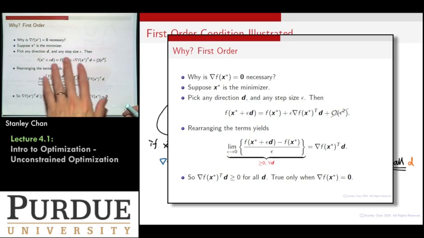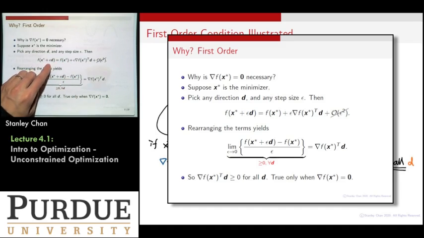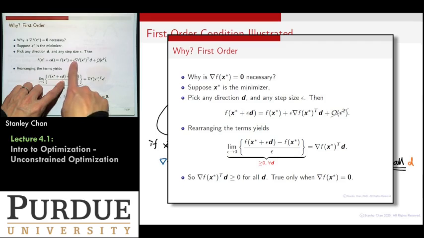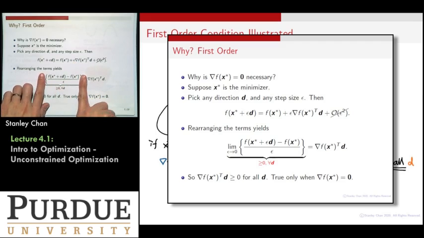That's just a very standard expansion on the point. Now, you can do a very simple rearrangement of the terms as follows. First, you subtract f of X star, and then divide by epsilon. So you have this ratio.